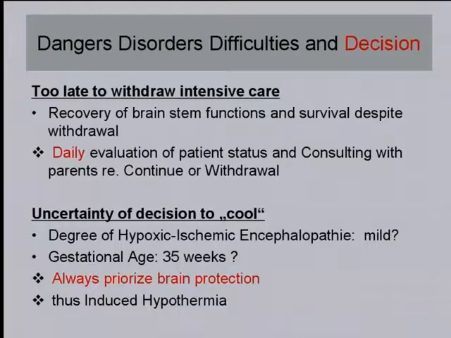But what if your baby is 35 weeks and underwent perinatal asphyxia? Would you include it? My message to you is that you would always prioritize brain protection. You would always give preference to cooling over non-cooling if you are in doubt, and induce hypothermia. Next slide.